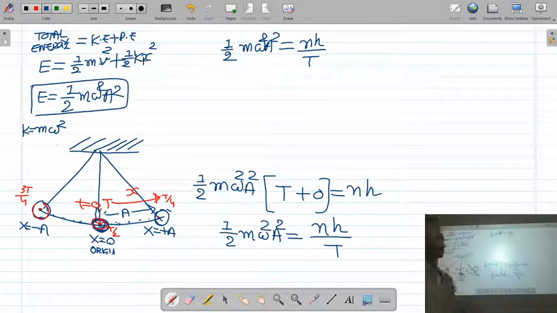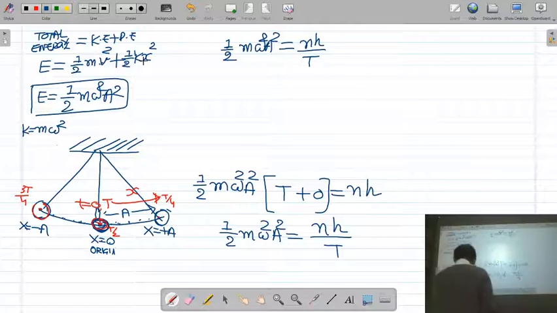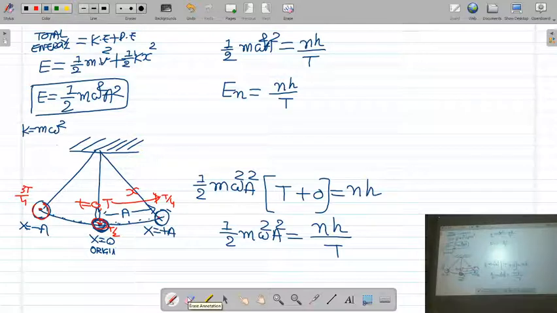If you calculate, you will get 1 by 2 m omega square a square, which is nothing but the total energy of the oscillator. So the total energy of the oscillator, En, is equal to nh upon T.